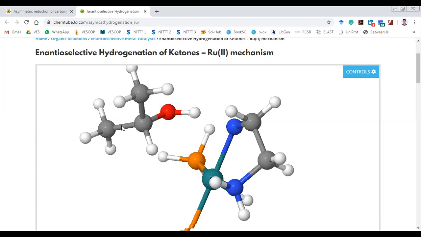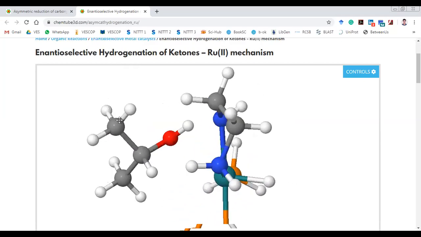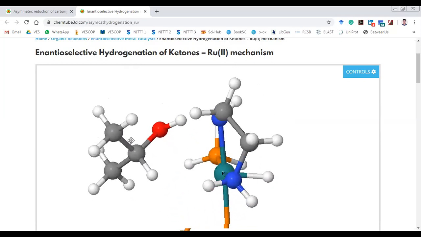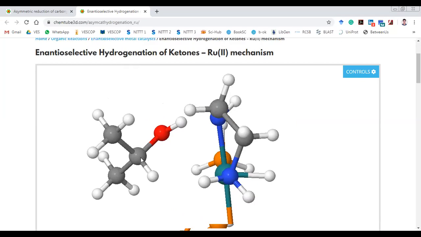That means both alkyl groups are different, but in this example both are the same alkyl groups. But if they were different, it is clear that it would result in one of the possible enantiomers.